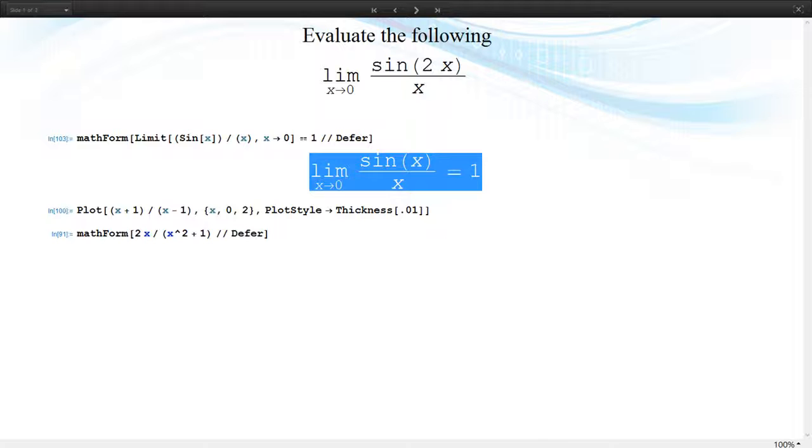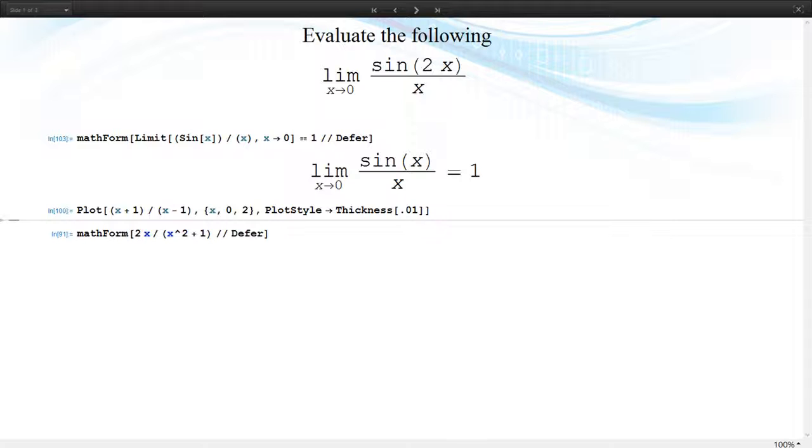Maybe I'll make a video proving it in the future, or I guess I might have already made a video proving it. I'll have to check. But this is one of 3 limits that students are typically asked to memorize in a Calculus 1 class.